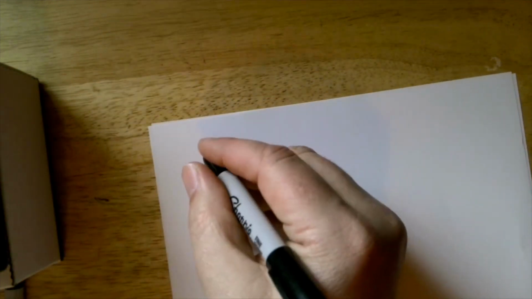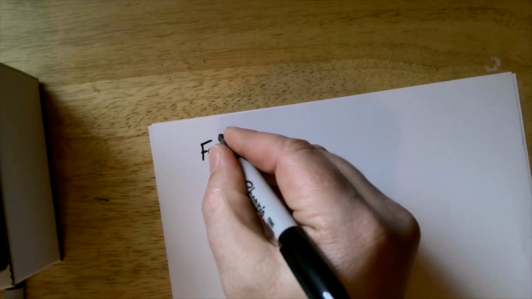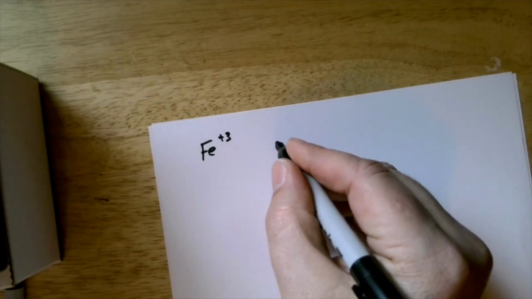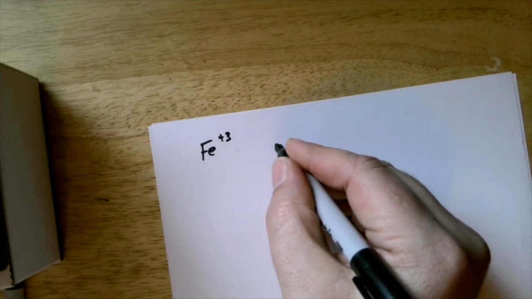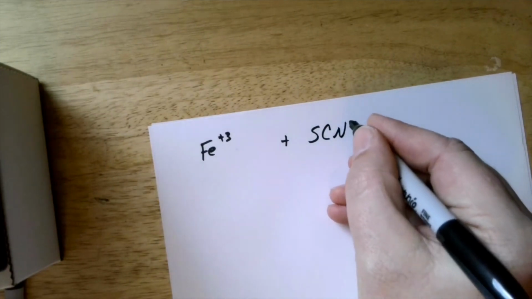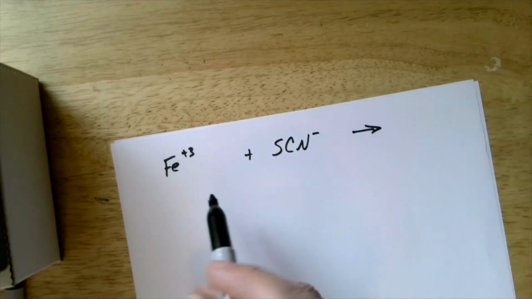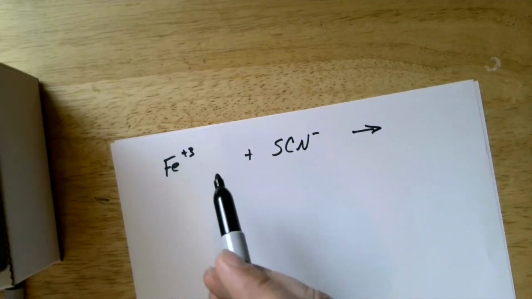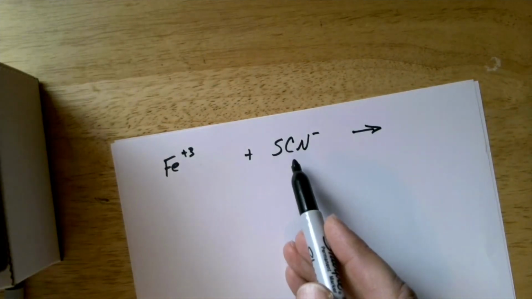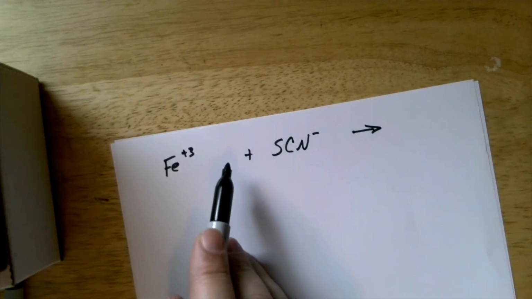You're taking the ferric ion and also the thiocyanate, and in doing so, in addition, when you first mix these two, you had the iron solution, you had the thiocyanate solution, and you didn't have any products at all, so everything would shift to the right.